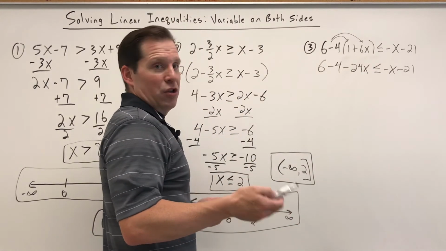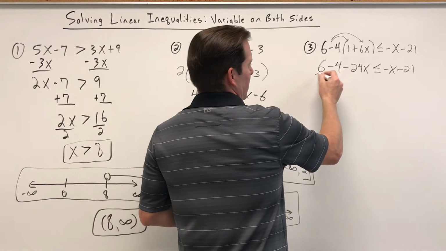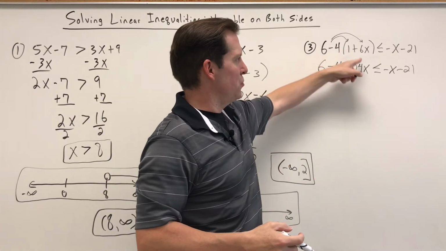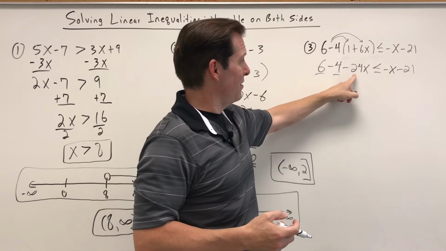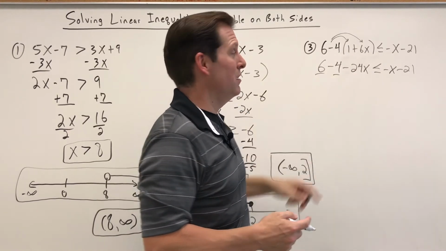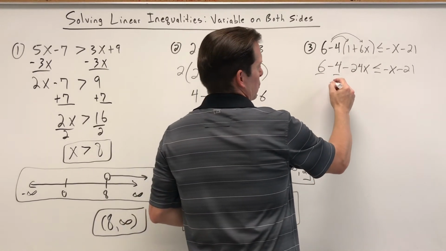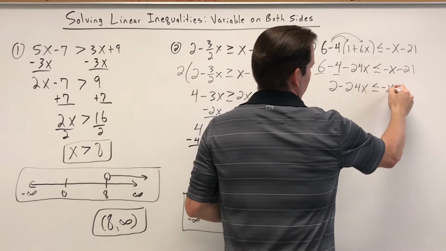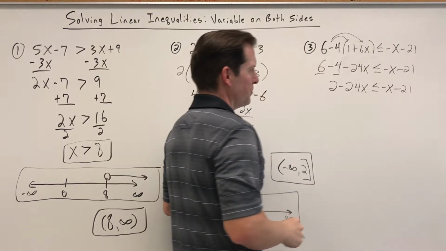Now at this point, you can go ahead and combine these terms. And the students will say, well, why couldn't I just put the 2 up here and then distribute it? Well, if you did that, you wouldn't get the same answer. So this becomes 2 minus 24x less than or equal to -x minus 21.